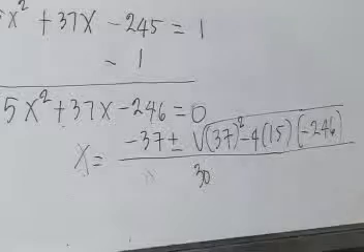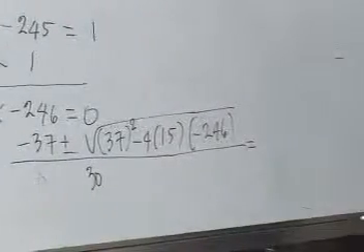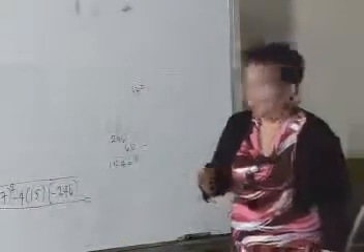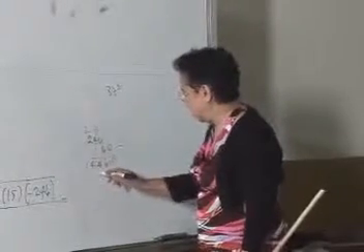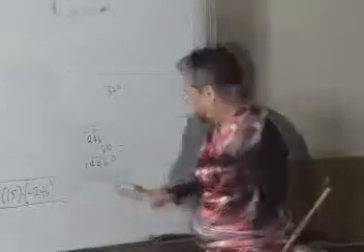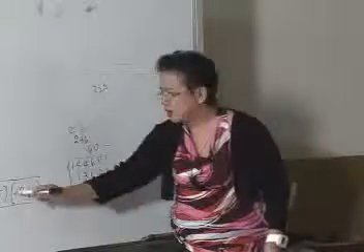So, what are the values? Use your calculators. What is 37 squared? 1369. So will you add this and then get the square root? Minus minus becomes plus.